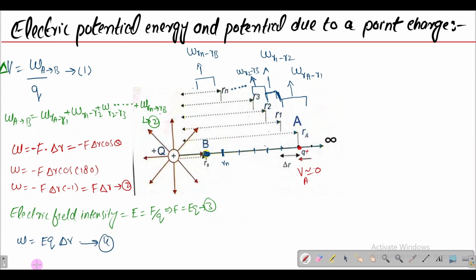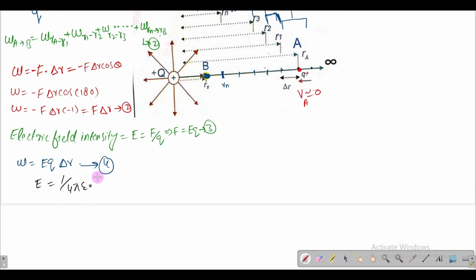The value of E is given, as we discussed in the previous video, as E is equal to 1 over 4 pi epsilon naught Q by R square. This is the value of electric field intensity. Let's say this is 5. Put the value of electric field intensity here.